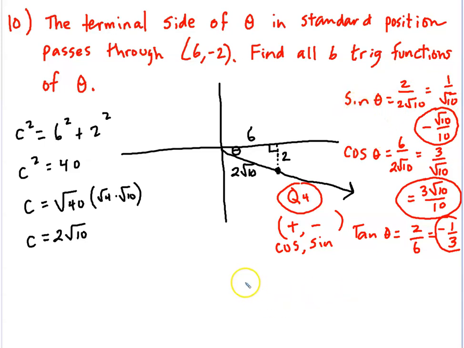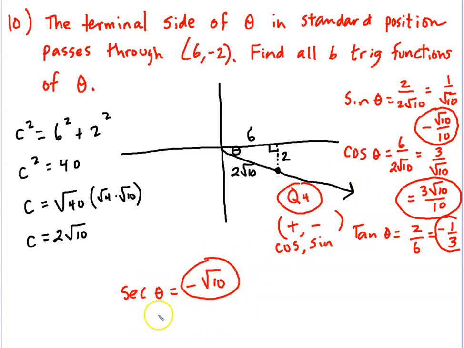So the reciprocal of cosine is secant. It's easier to work with this: just think of 1 over the square root of 10 and flip it over. And of course, if sine is negative, then so is secant. So that's just going to be negative root 10 over 1, which is negative root 10.